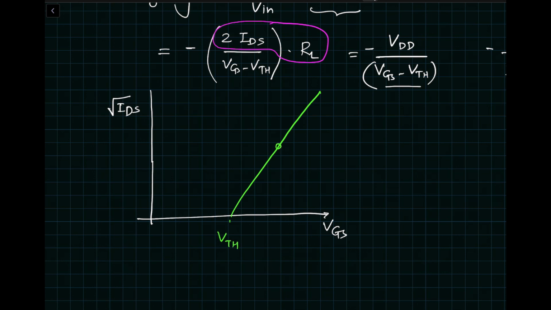Let's say this was the point at which you are operating, then this would be your VGS and VGS minus VTH is this distance. We also call that VD sat of the transistor, the saturation voltage of the transistor. So we have control over VGS minus VTH of the device by changing the DC biasing at the gate input of the transistor.